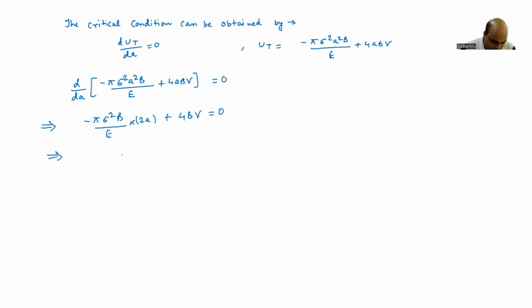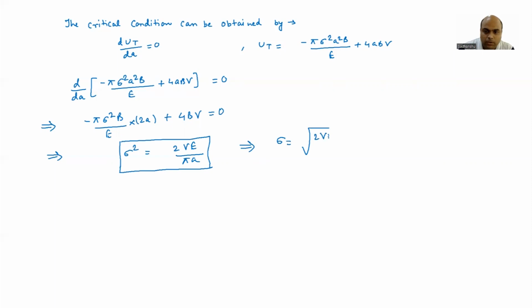Okay. And then sigma square will be 2 gamma E by pi A. B will just go out. 2 and 4, 1 will cancel out, so it will be a factor of 2 there. So overall, sigma will be root over 2 gamma E by pi A. Right?